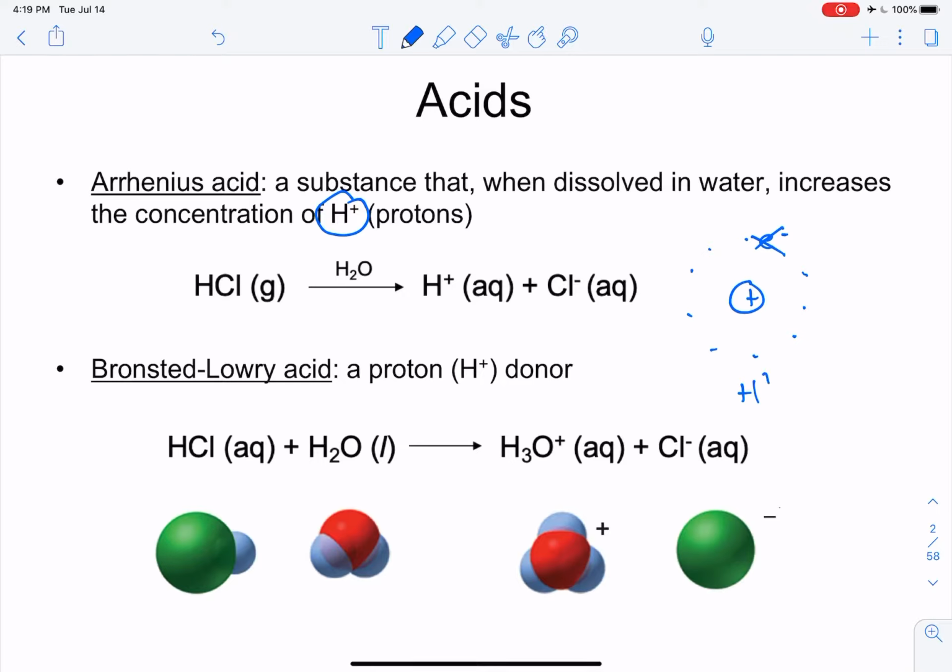So an H plus is a proton, and that bugs students when authors and professors call H pluses protons, but really it's just the same thing. So H plus and proton, we use those two things interchangeably when we talk about what's left over when an acid goes into water.